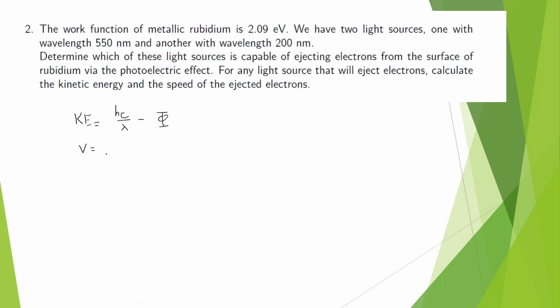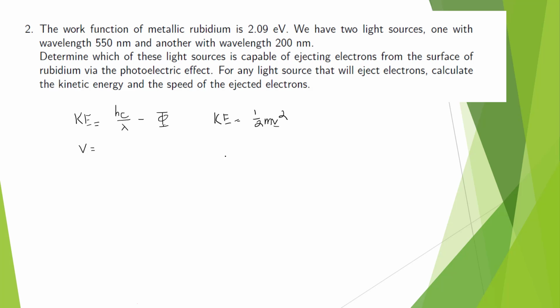And we can find velocity or speed by using a function that involves the kinetic energy, which we will first be solving for. An equation for kinetic energy can also be written as, if we remember back to general physics, 1/2 mass times velocity squared, this involving velocity.